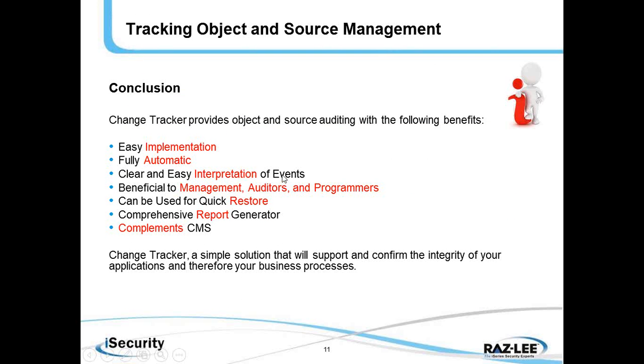Clear and easy interpretation of events. The presentation of events and their details can easily be searched and easily be analyzed. It's beneficial to all entities in your organization, whether management, auditors, or programmers. And it can be used for quick restore. That's right, because you're able to back up and save any source or object at the time of the event.